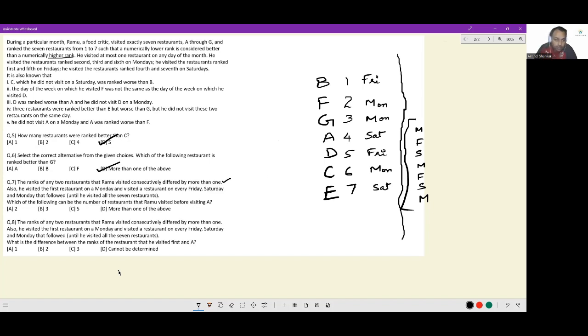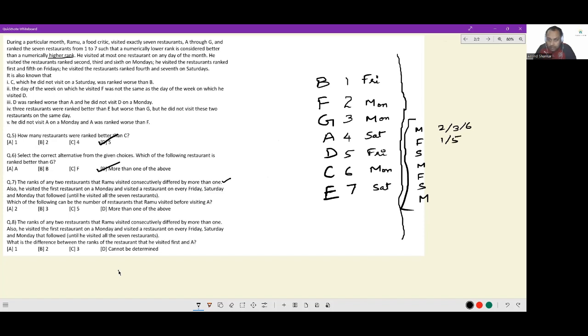Which of the following can be the number of restaurants that Ramu visited before visiting A? Okay. Right now, if he visits on a Monday, it can either be rank 2 or rank 3 or rank 6. On Friday, it can either be rank 1 or rank 5.